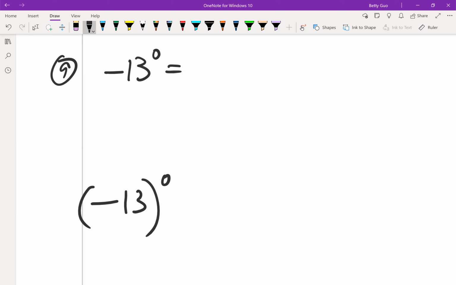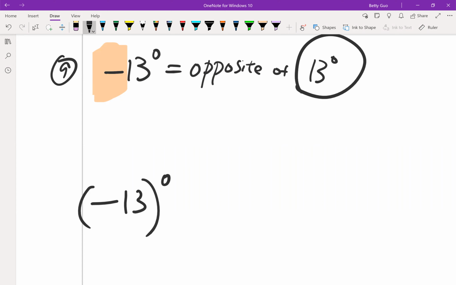The negative sign can be understood as the opposite. So it's the opposite of 13 to the power 0. What is 13 to the power 0? 1.